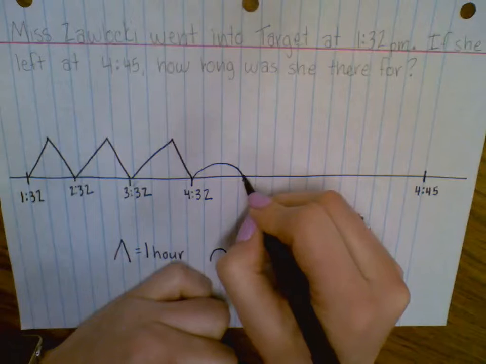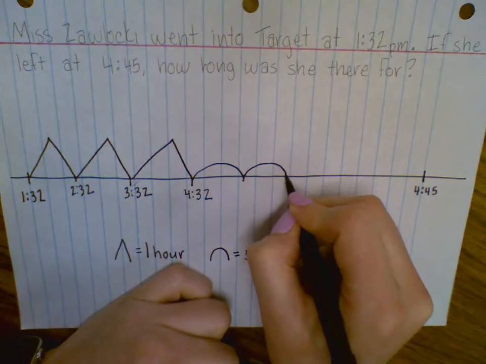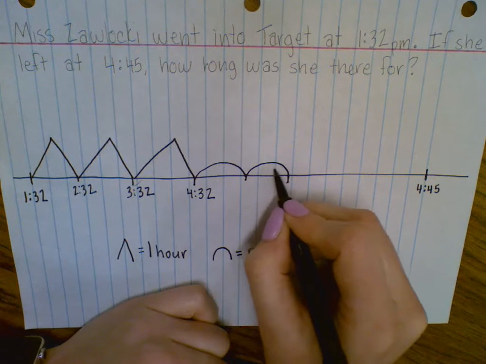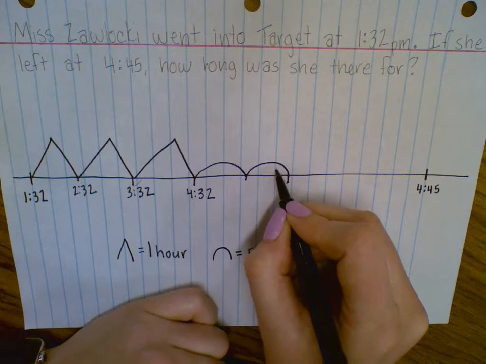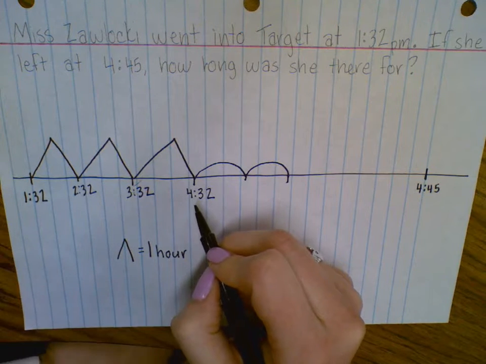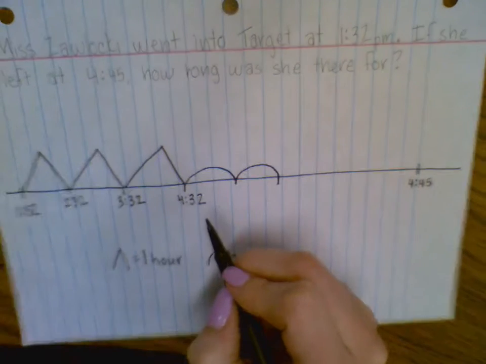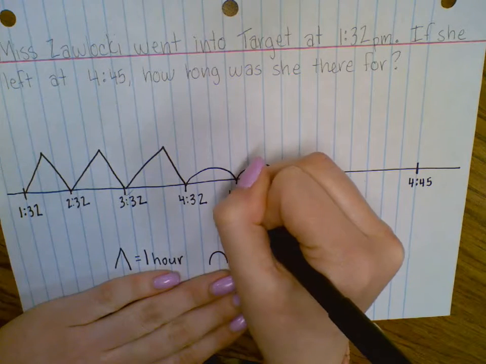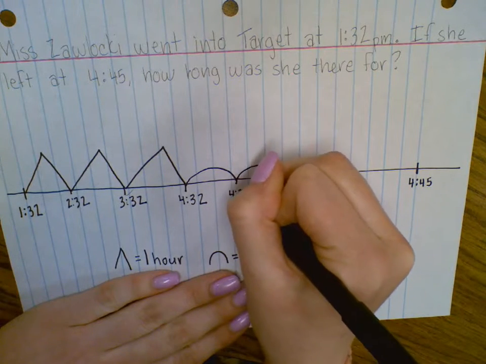Or I can draw 2 hills and add 10 minutes because this hill is 5 minutes and this hill is 5 minutes. I'm going to show you both ways. So if it's 4:32 and we add 5 minutes, it'll be 4:37.